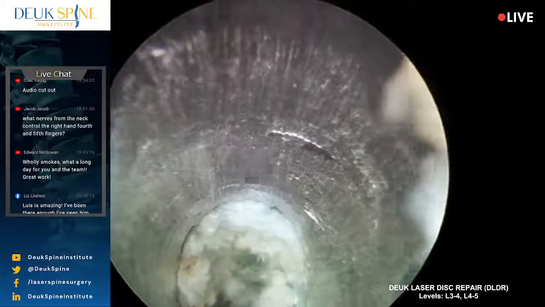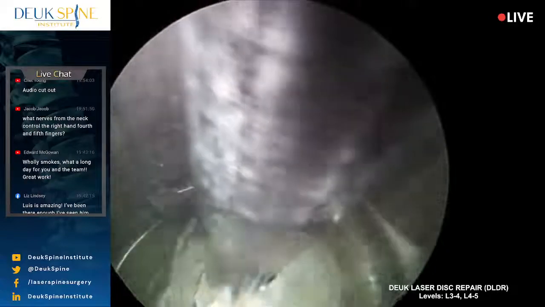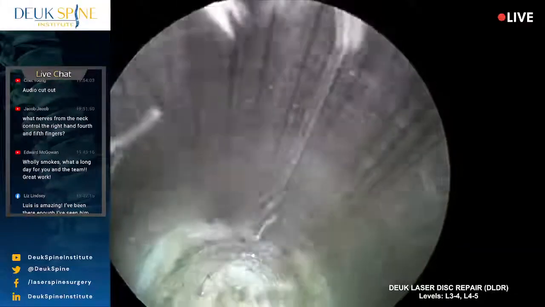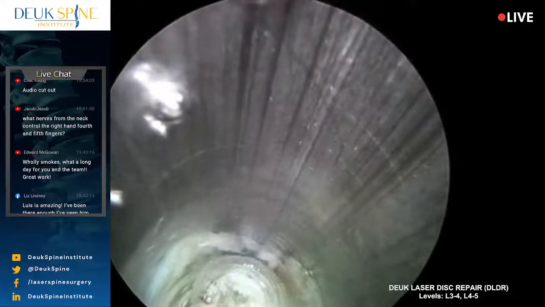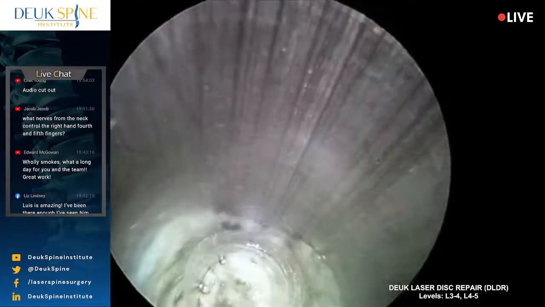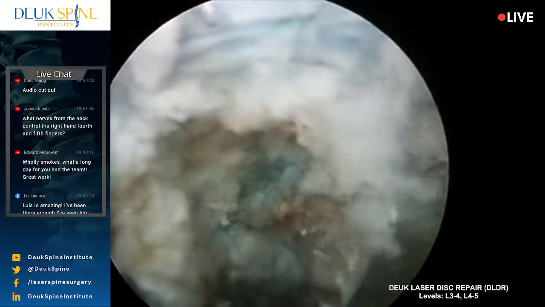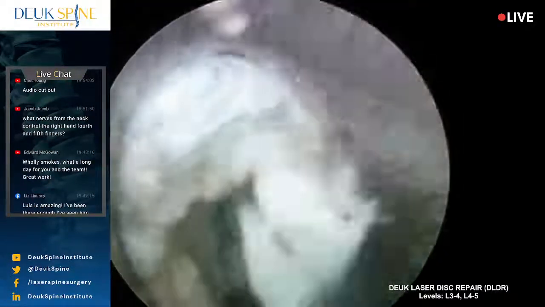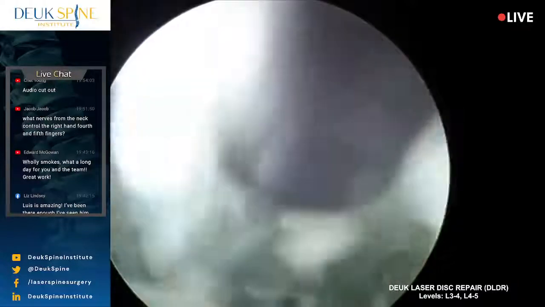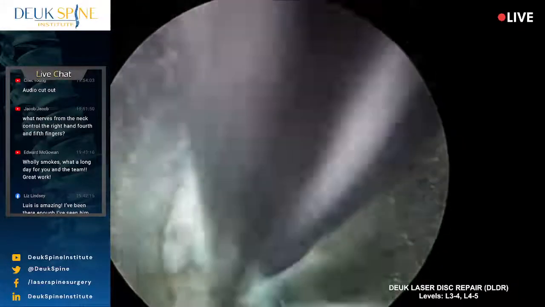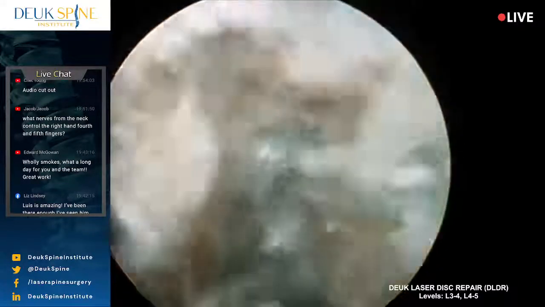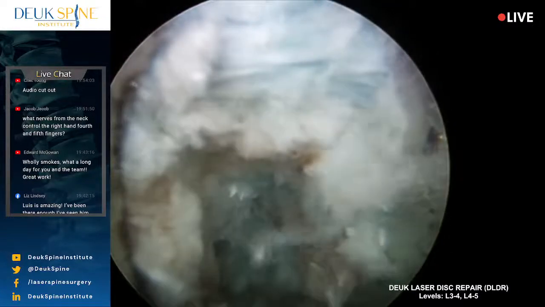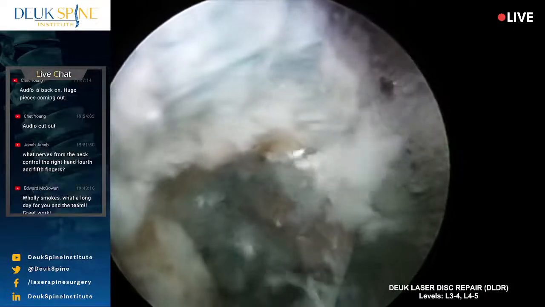There we go. Come on. And a little more herniation there. But so far everything is going well. This to the right is going to be the C4 end plate.